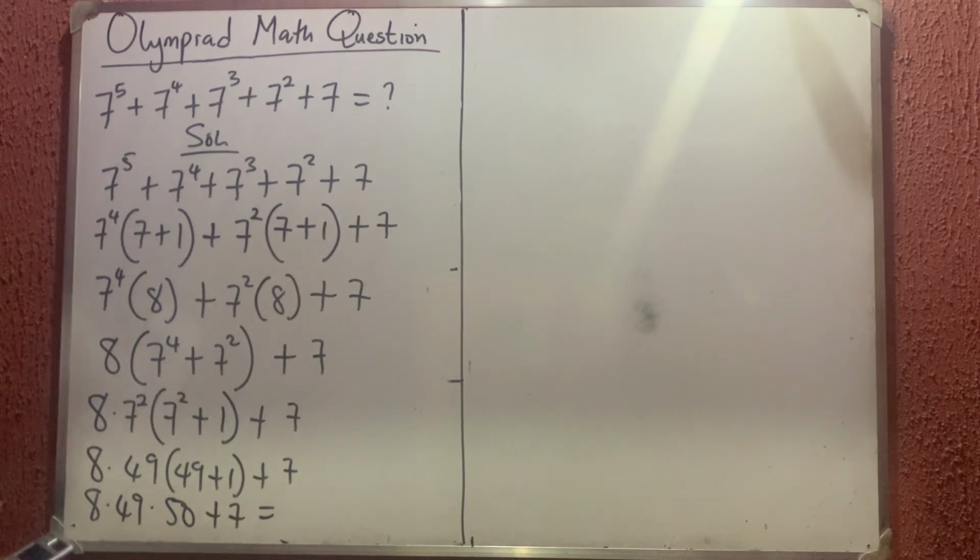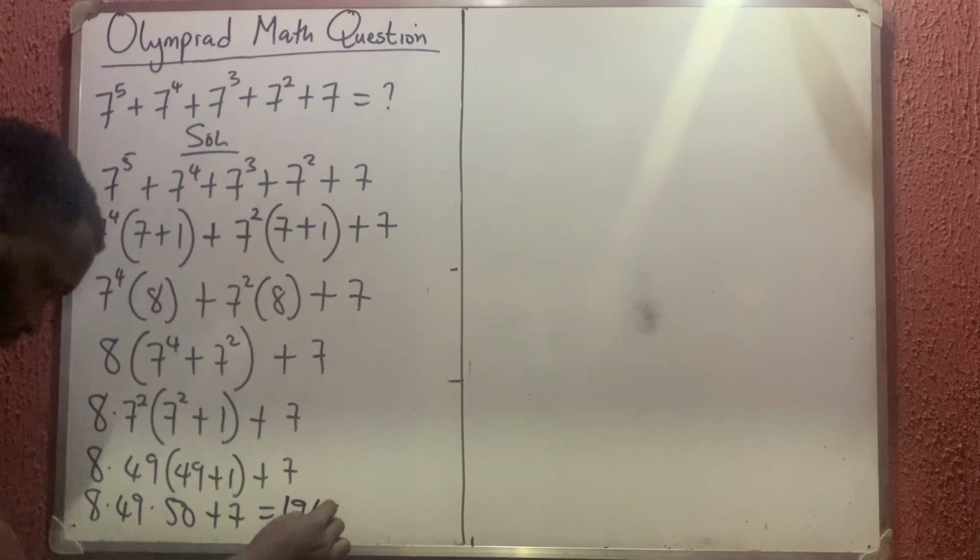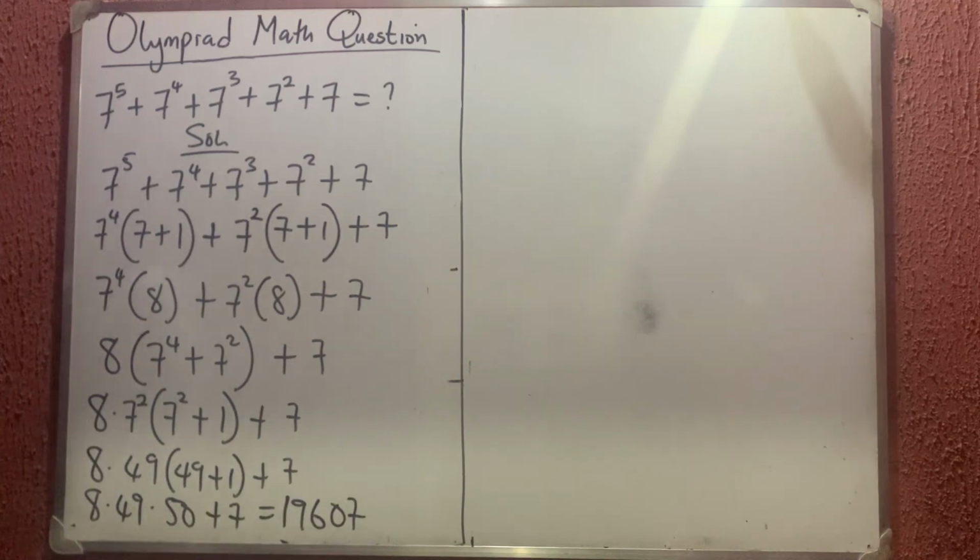So this is 8 times 49 times 50, then plus 7. So I'm having everything as 19607. So that is that for that.